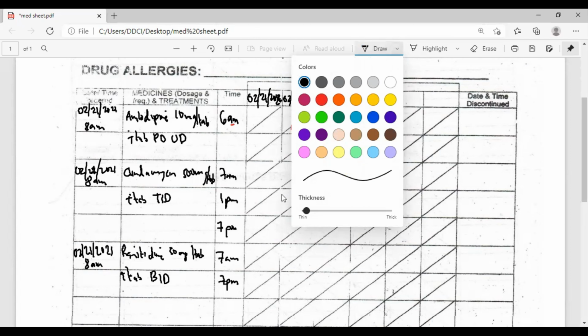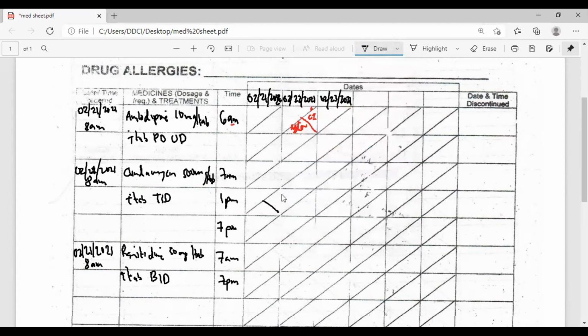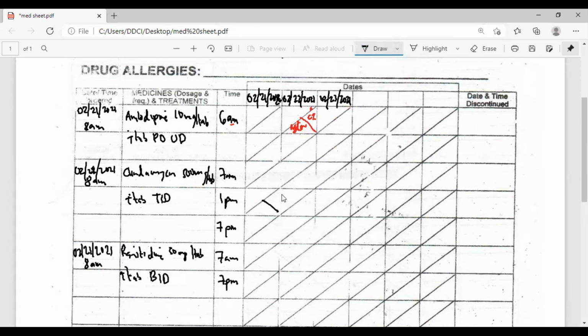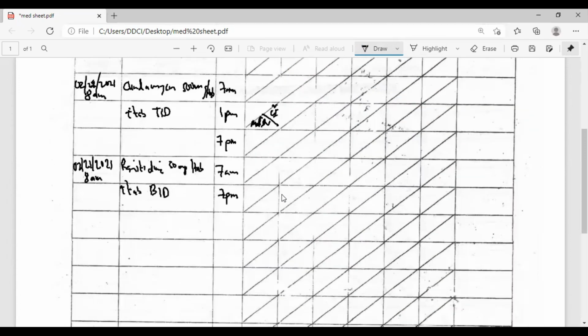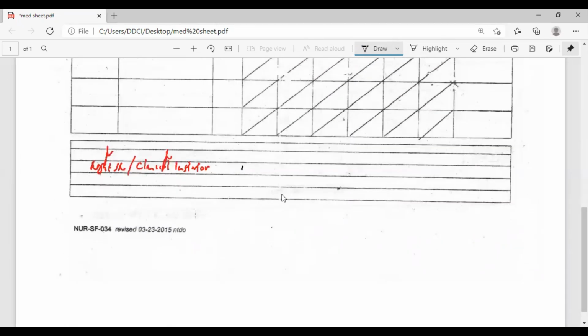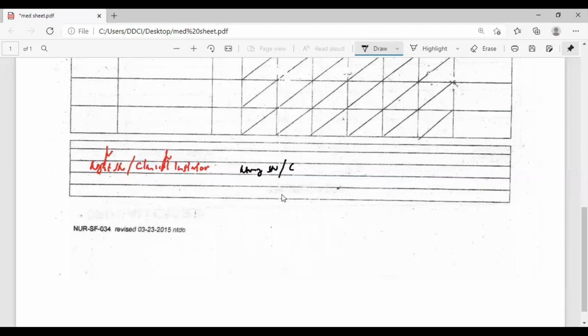So for 1 p.m., you're able to provide the clindamycin. So when you give the medication at 1 p.m., you make your signature here. So morning nurse, then your CI countersigns. Okay, so right here. So morning nurse, morning SN, then CI countersign.